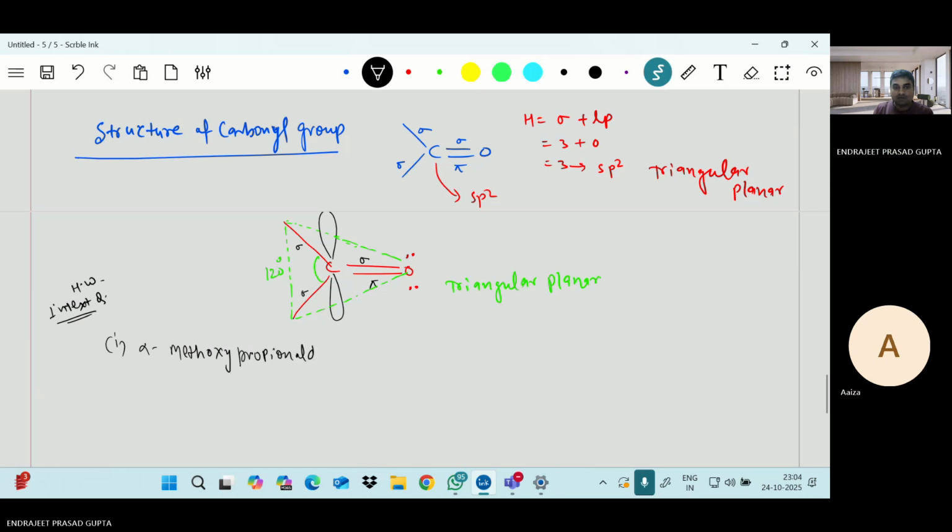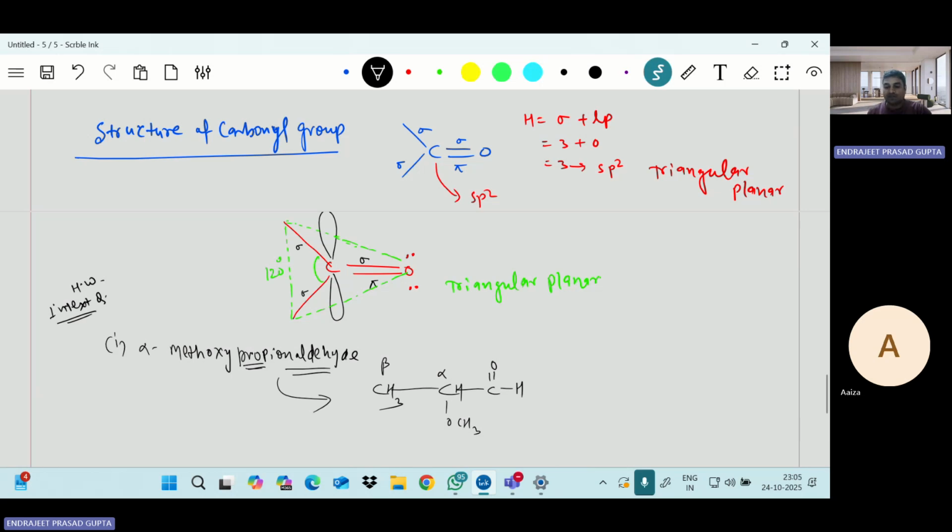Propionaldehyde means propanal: three carbons, one, two, three, and aldehyde, C double bond O H. Alpha methoxy: this is alpha, this is beta. So at alpha you can write OCH3, which is methoxy. Then you write the hydrogen, and then CH3. This is the structure of the molecule.